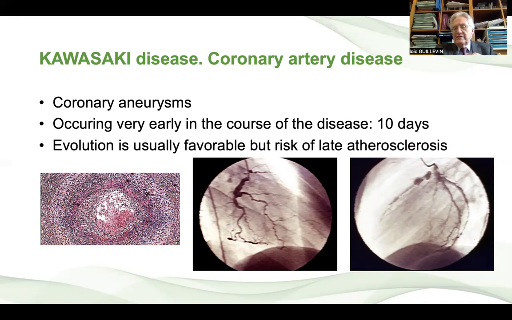But we know now that the healing of these aneurysms and the vessel injury can favor the occurrence of late atherosclerosis. For this reason, patients should be followed very late after the occurrence of the disease, because the real adult problems usually occur at 30 years old or later.